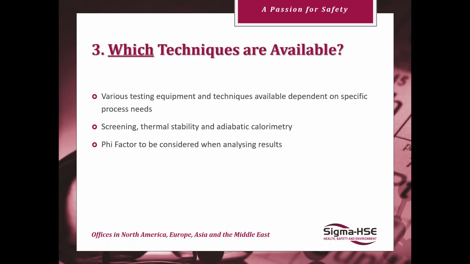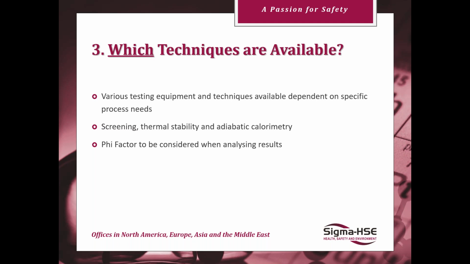So coming on to section 3, which is all about the kind of testing that we can provide to cover chemical reaction hazards and what we can provide for you. There's various testing equipment and techniques available, dependent on the specific process needs. Typically with this kind of work, unless our client knows exactly what they need and want, we will have a phone call discussion or something of the same ilk to really go through what kind of process you're working on and suggest the best route forward in terms of what testing is most appropriate.